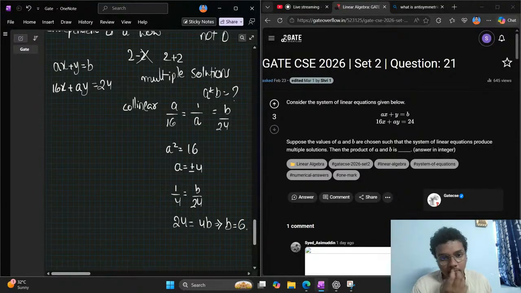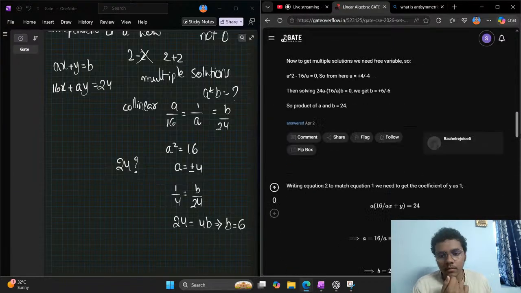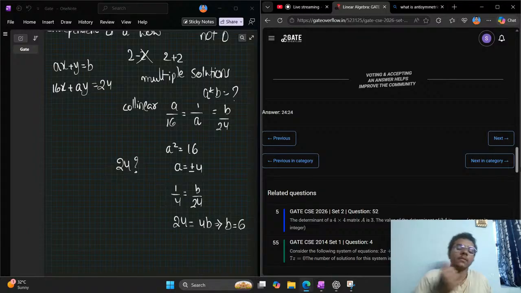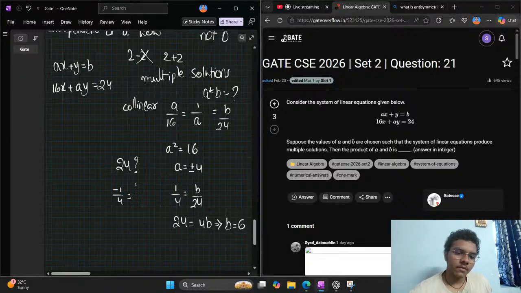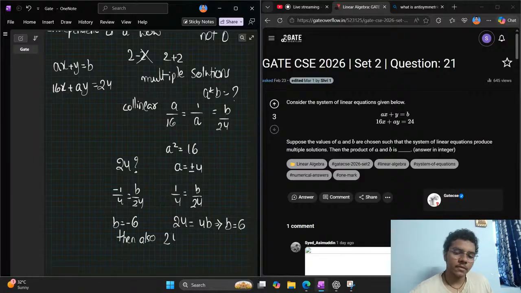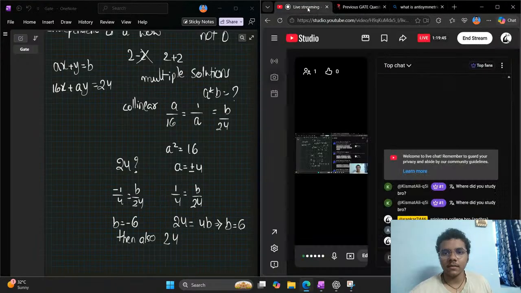Right, 24. If you take the minus 4 case, minus 1 by 4 is equal to b by 24, then b will be minus 6, then also 24.